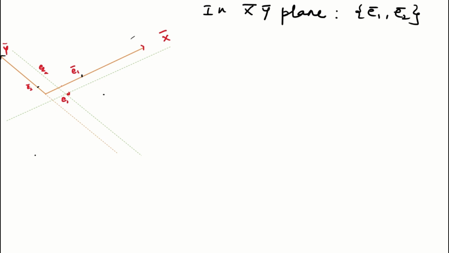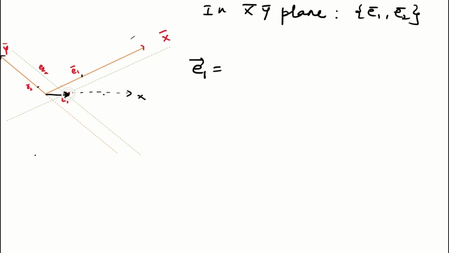Okay, now let us write E1 in terms of E1 bar and E2 bar. So what is E1? E1 is the basis vector along the x-axis. Previously we have this x-axis, the horizontal axis, along this much. This much is the E1 vector. So to find the component of E1 along the x bar and y bar axes, you will drop a line from the final point onto the x bar axis and onto the y bar axis.